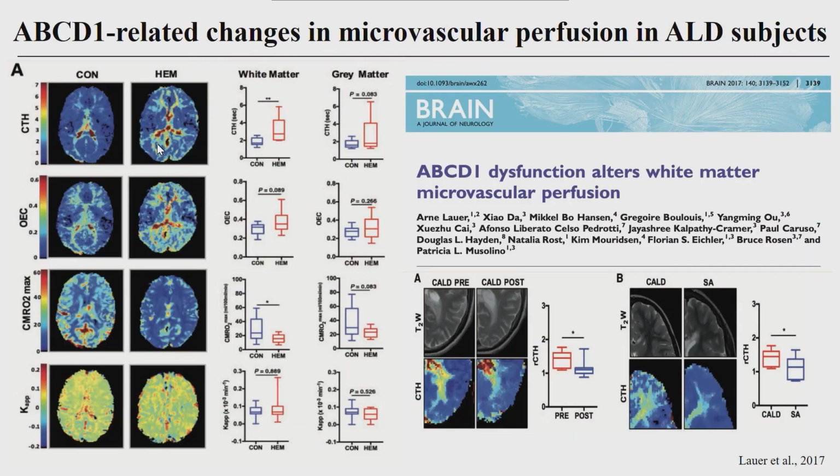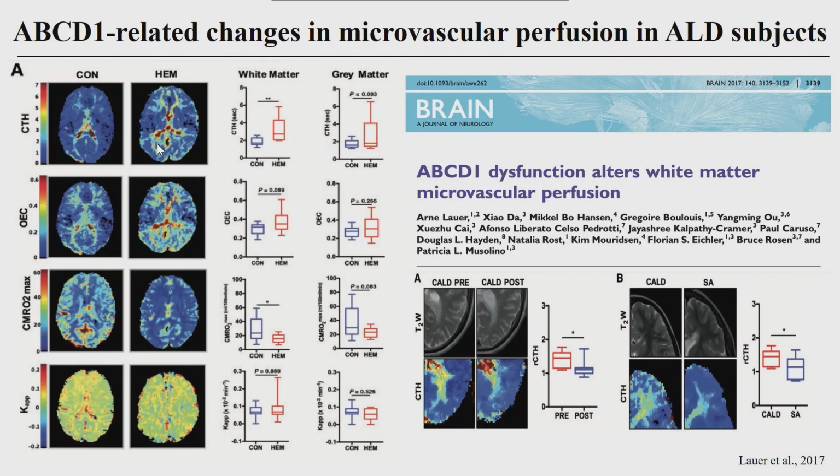These types of biomarkers were evaluated and published in other monogenic disorders. Here you have an example of ABCD1-related changes in microvascular perfusion in ALD subjects. You can see controls and patients with ALD, and all of the biomarkers that I will touch upon in the next slides were evaluated in white matter and gray matter as well.